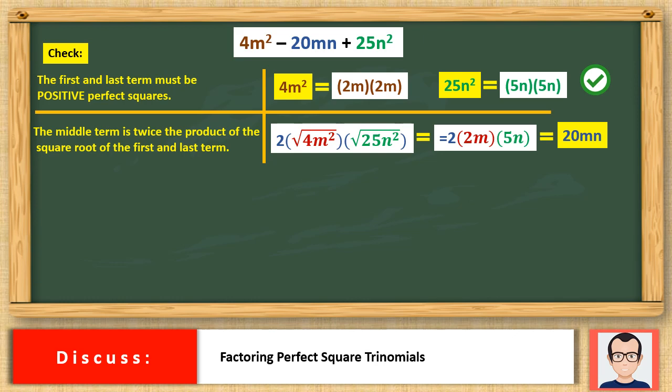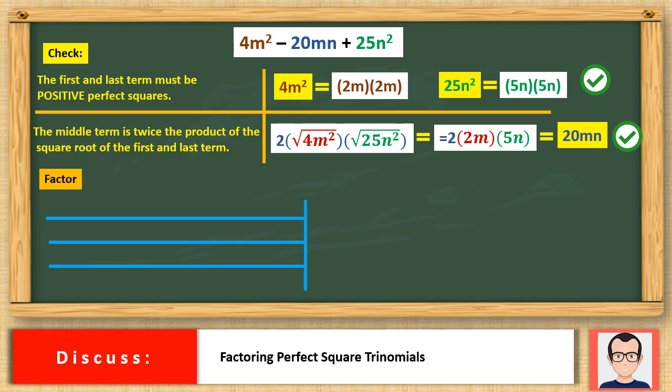So at this point, we can now factor the trinomial. Using the guidelines in perfect square trinomials, let us simply follow these steps. First, we get the square root of the first term, which is 2m. Next, we get the square root of the third term, and that's 5n.